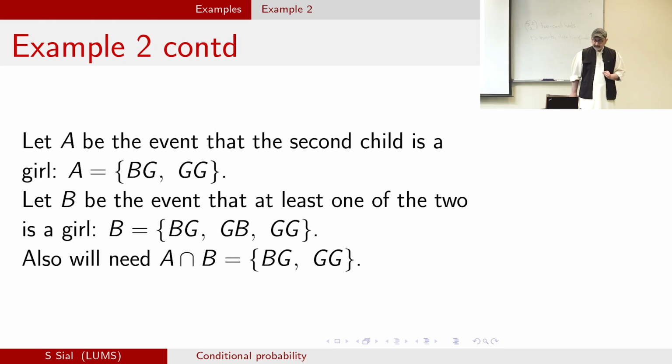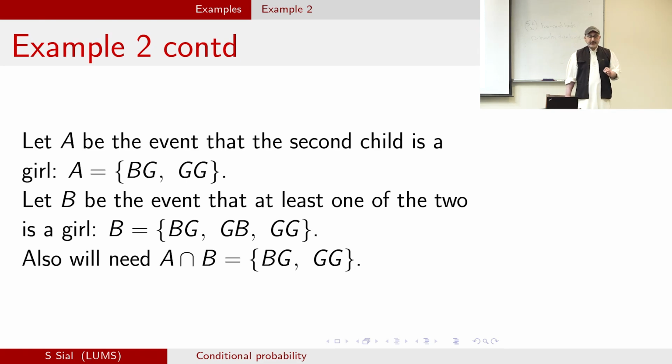So we need the probability of A, which is 2 out of 4. The probability of B is 3 out of 4 equally likely outcomes. A intersection B is boy-girl and girl-girl. So the probability of the intersection is 2 out of 4.